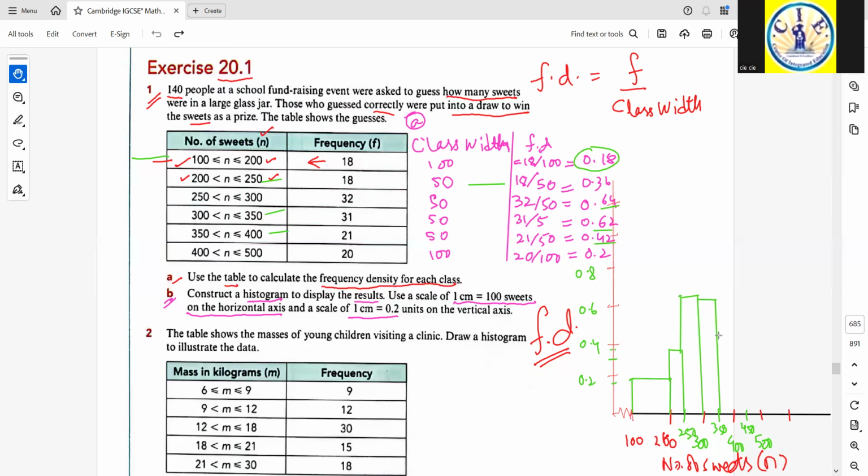So 0.4 is here. So 0.42 will be here. So this is 400. And finally, from 400 till 500, the frequency density is 0.2. 0.2 is here. So let me draw this one. So that is the complete histogram of this question part B.